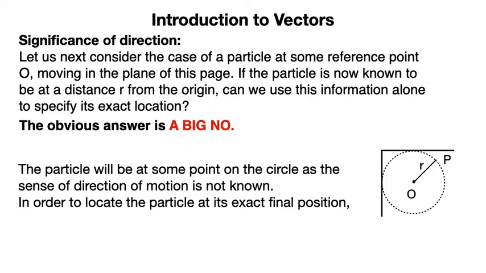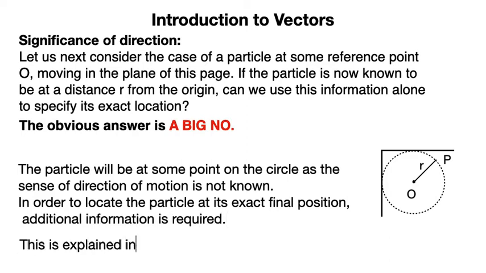In order to locate the particle at its exact final position, additional information is required. That additional information is the direction. This we will be explaining in the forthcoming session.